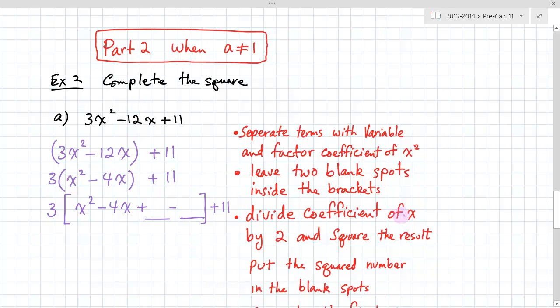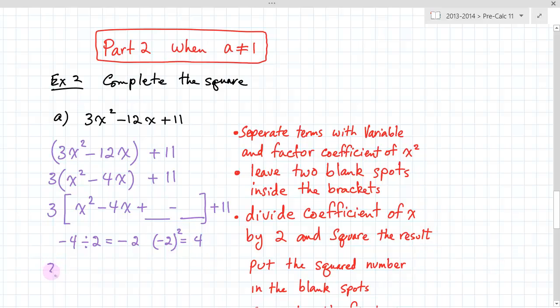Divide the coefficient of x by 2 and square the result. Put the squared number in the blank spots. Negative 4 divided by 2 is negative 2. Negative 2 squared is 4.